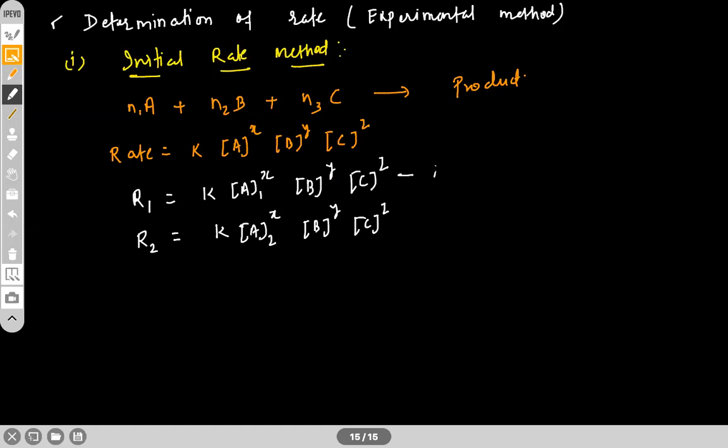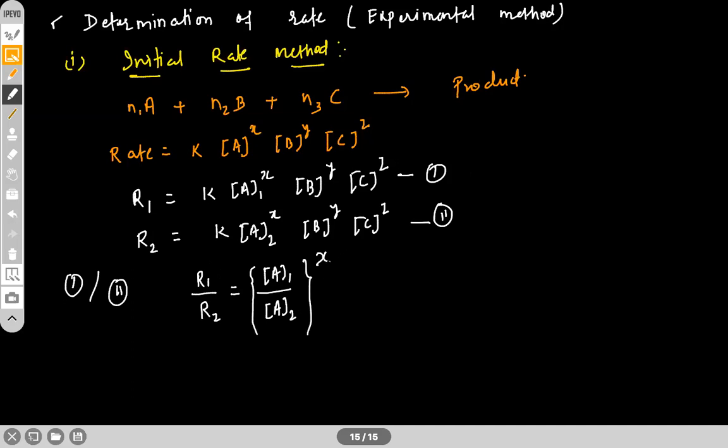Our purpose is to find out the order of the reaction. So next, we'll just take the ratio of 1 by 2. So we'll get R1 by R2, and this will be equal to the concentration of A1 by A2, A1 by A2 to the power x.